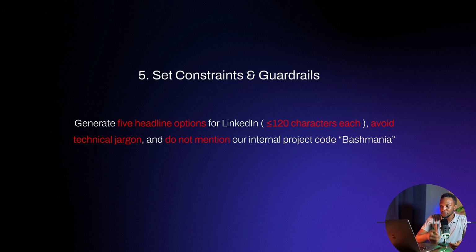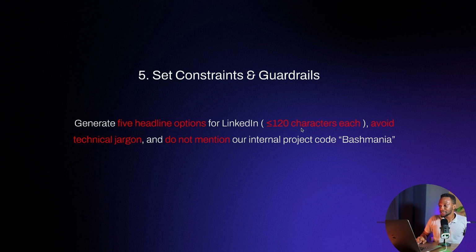So for instance, here an example is: generate 5 headline options for LinkedIn, less than or equal to 120 characters each. Avoid technical jargon. Do not mention our internal project called Bashmania. So we have set this prompt with guide rails: generate 5 headline options is a guide rail.